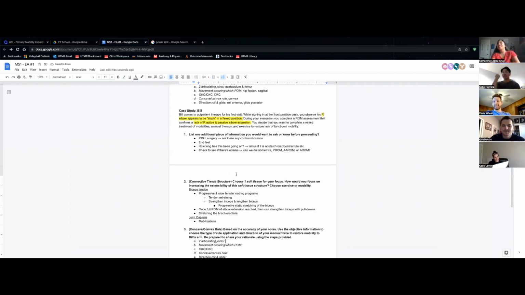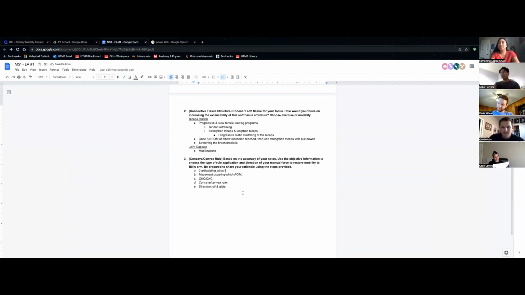So it's going to be extension, so it's going to be the humerus and the ulna, correct? It's the same as the dips, but now you're in extension, not flexion, so you have to think of the opposite. And it'll be open chain. So it's going to be the concave rule because the ulna is the one that's moving.